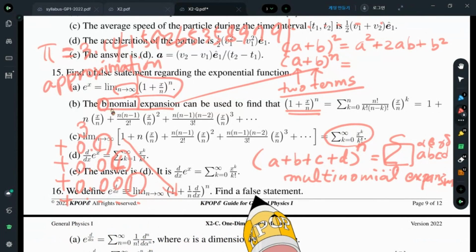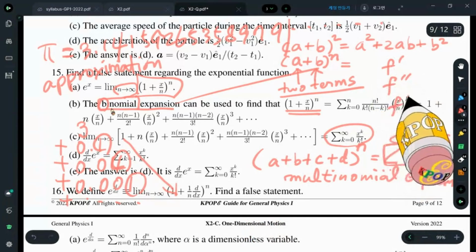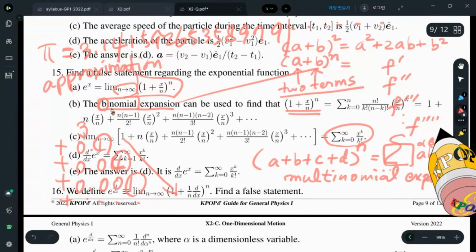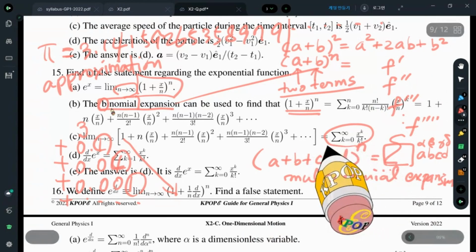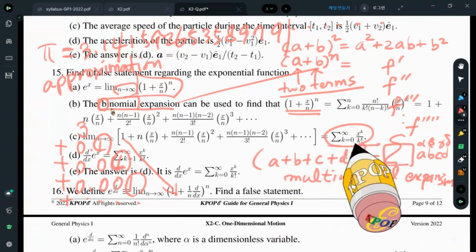Something like that. Even any function that has derivative to all orders, first order derivative, second order, third order, and nth order. If it is differentiable function, in that case, it is always possible to expand as a sum of polynomial. Very interesting.